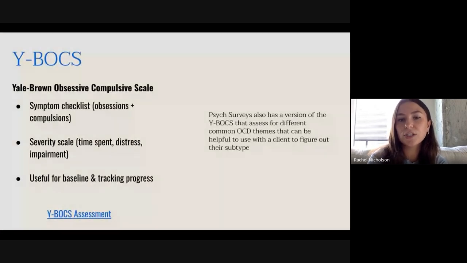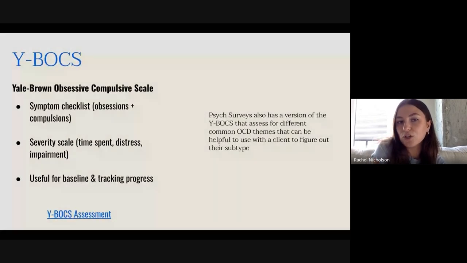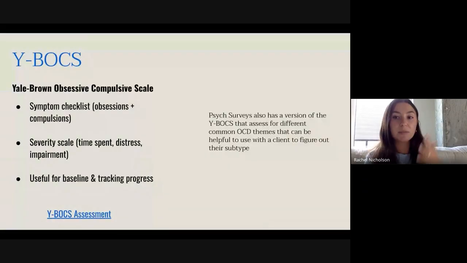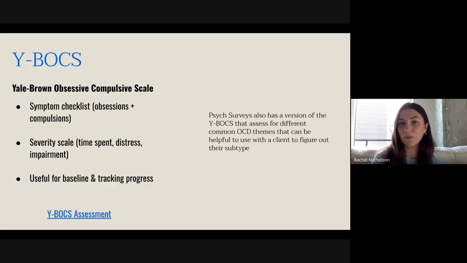So this can be a good way to measure clients' progress, especially when starting exposure therapy. You might see that they have a high score before starting exposures. And then over time, hopefully we want to see that score go down with exposures, which we'll get into why. This is a really good assessment to use with clients, and it's one that you can do again and again with them.